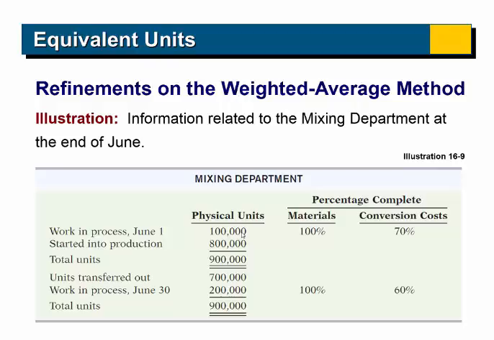Okay, so at May 31st, 11:59 p.m., there were still some waffles being mixed up. 100,000 waffles worth of mix. All right, so it would still be here at 12:01 a.m. on June 1st. We started into production another 800,000 waffles in the month of June.